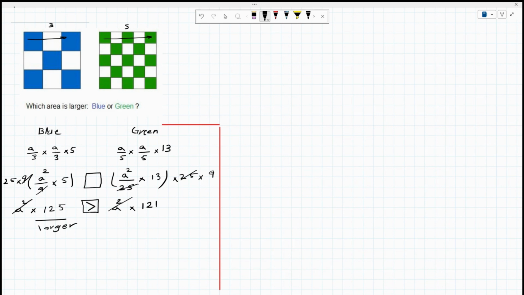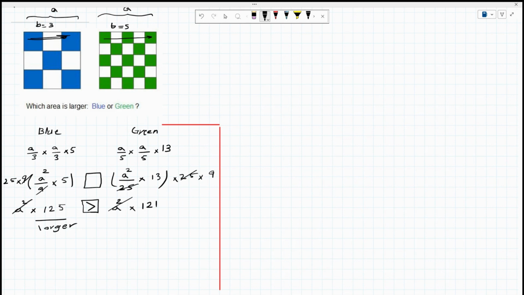Still, we're gonna consider that the length is equal to a here as well as a here, but we're gonna introduce a new parameter and we call it b, and b is the number of squares in one line. So here b is equal to 3 and on the right side b is equal to 5.